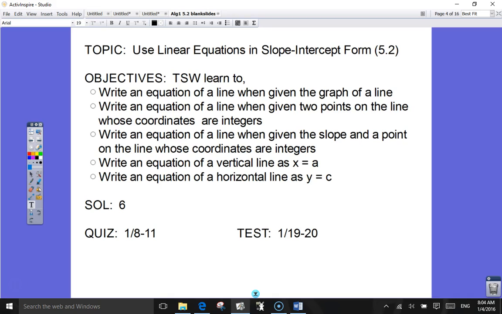If you see a point, an x comma y, how do you know it's the y-intercept? Because the x-coordinate equals 0. When on the y-axis, x equals 0. So in the first lesson, 5.1, every time we had 0 comma something. Now we won't.